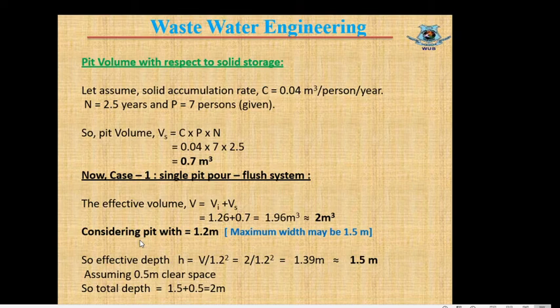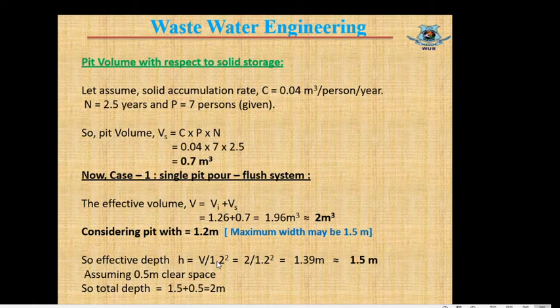So our pit width is equal to 1.2 meter, and effective depth we can calculate: effective depth A is equal to V divided by area, and as this is a square pit, area will be width squared, where V is volume.